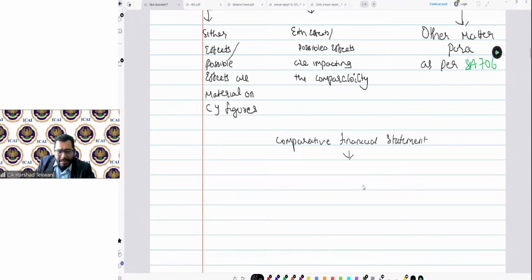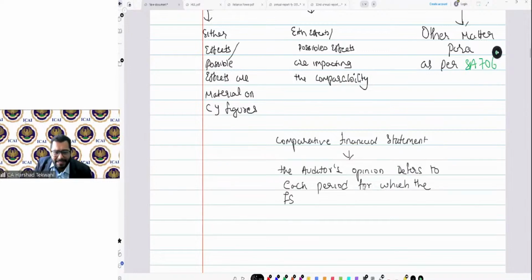For the comparative financial statement, as I told you, when comparative financial statements are presented along with the current year financial statement, the auditor's opinion refers to each period for which the financial statements are presented, and on which an audit opinion is expressed.